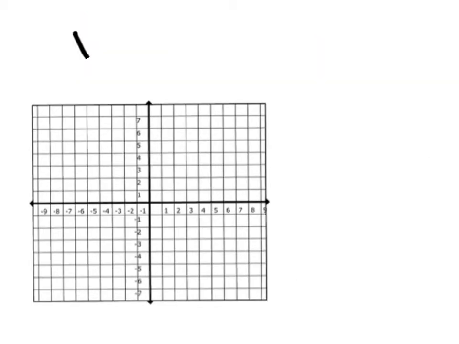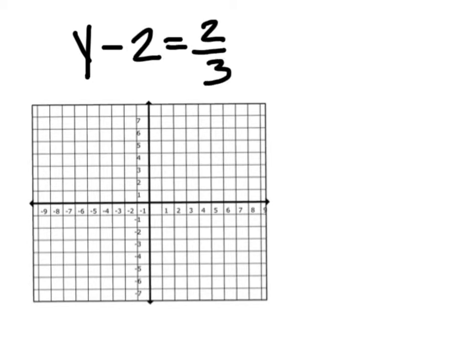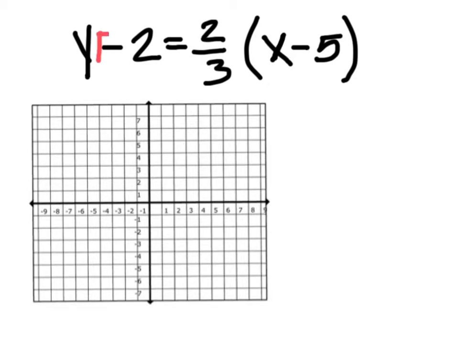Here's an example. The equation is y minus 2 equals 2/3 times the quantity x minus 5. The first thing you do is get the point out. Remember that in the general form of the point-slope form, you had minus signs there and there.